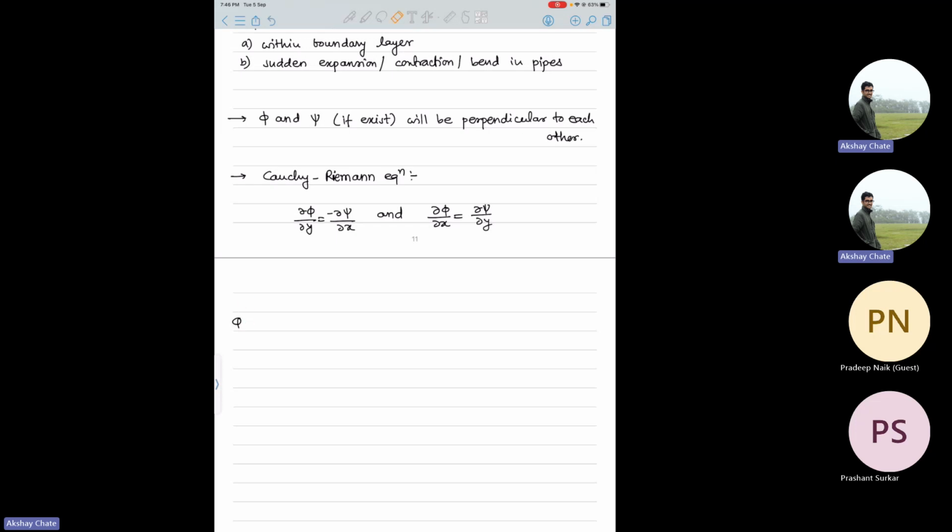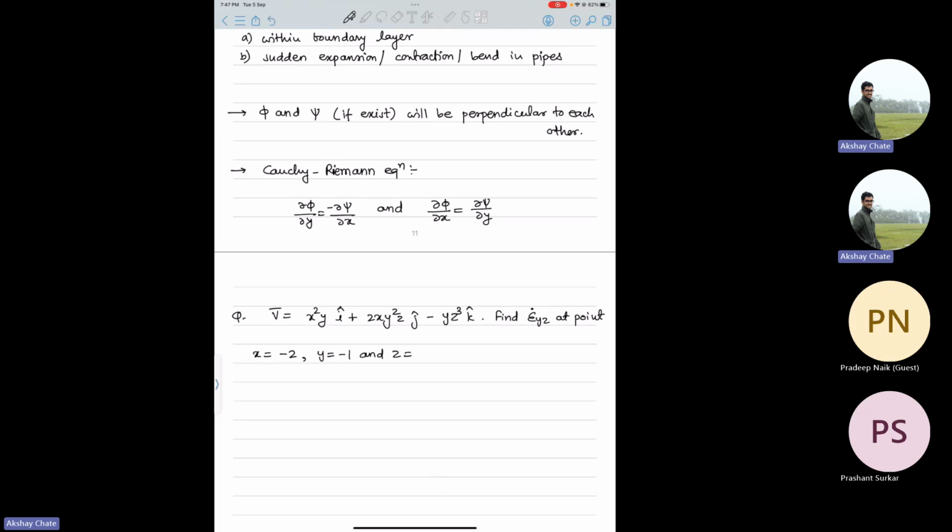The velocity field is given like this: x square y i cap plus 2x y square z into j cap minus y z cube into k cap, and it is asked to find the rate of shear deformation component of yz at the point x equal to -2, y equal to -1, and z equal to 2.